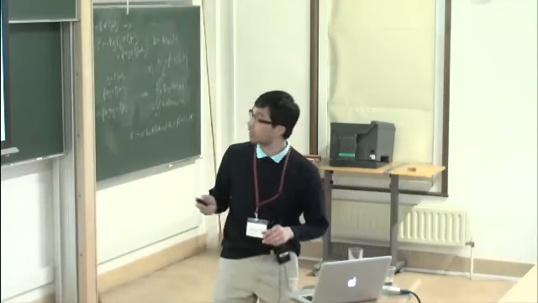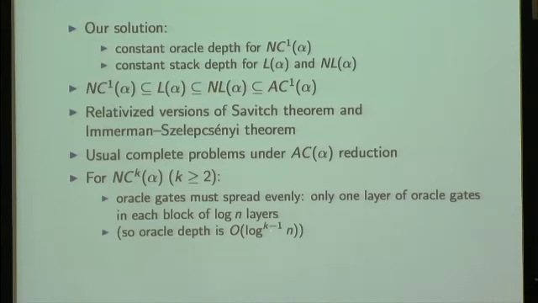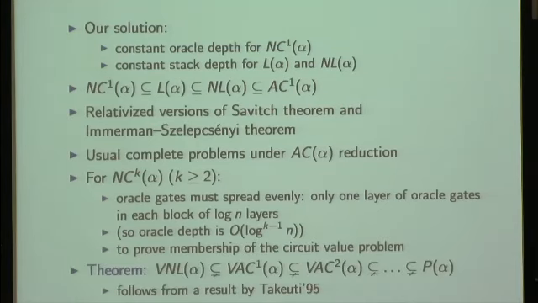In particular, this implies that the oracle depth is of order log to the power 2k minus 1 of n. By a result of Takeuchi, there is an oracle that separates the AC classes from polynomial time. So these theories are all different.